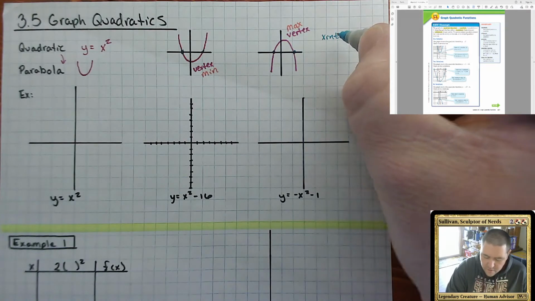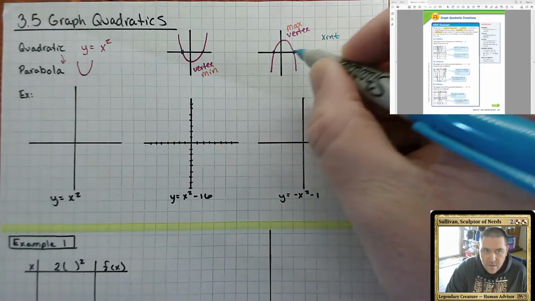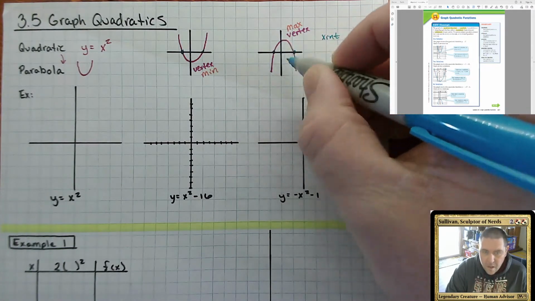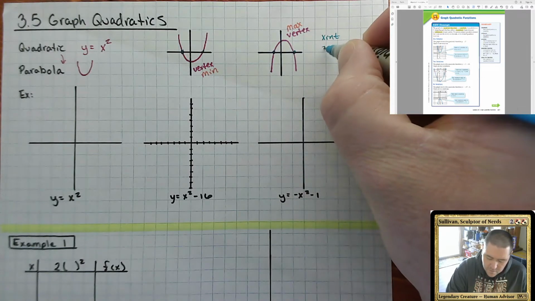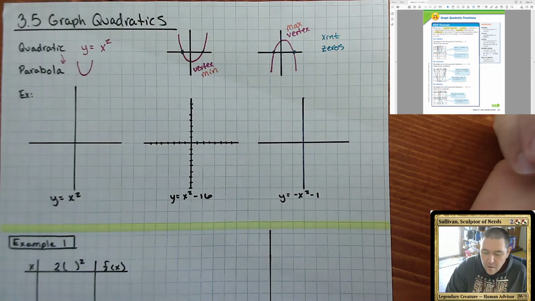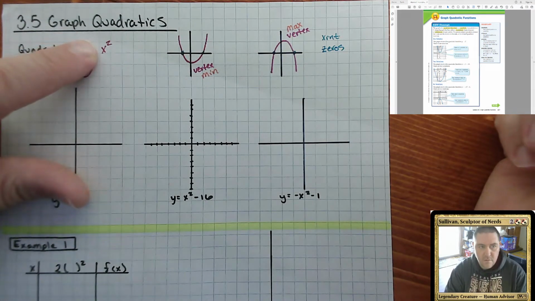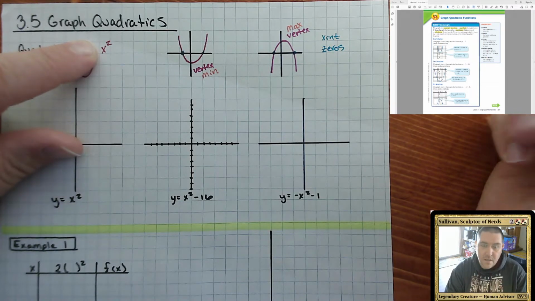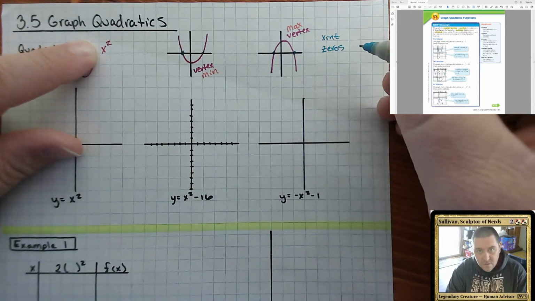An X-intercept is when it hits the x-axis, and when it hits the x-axis, the y is a 0. So sometimes we call these zeros. When I solve an equation, no matter what it looks like, I usually set it equal to 0 to solve.